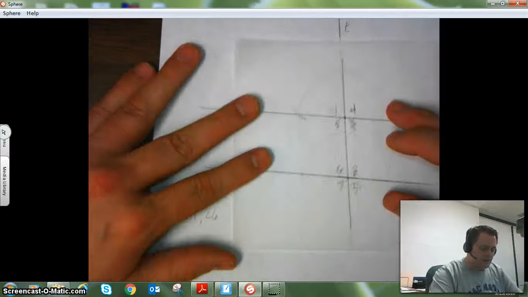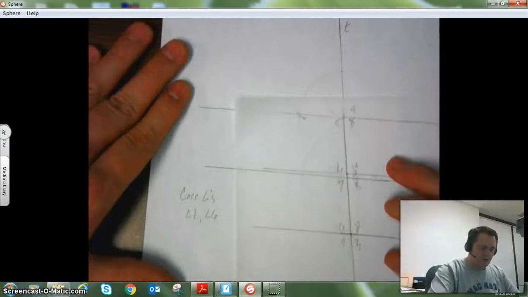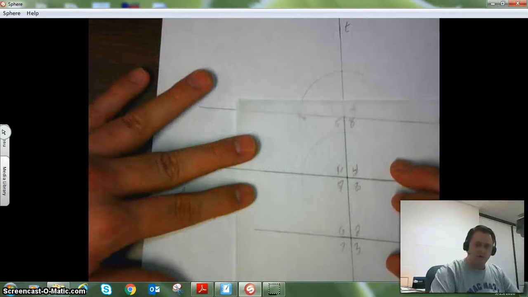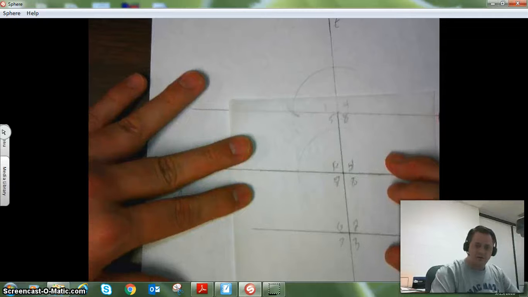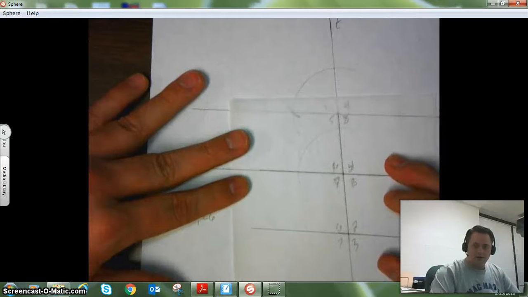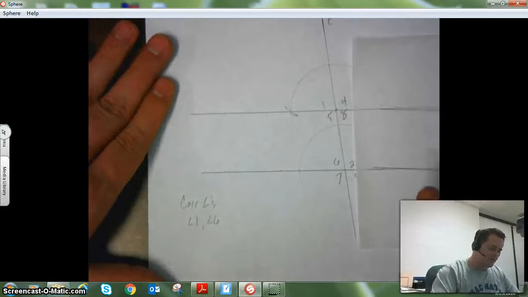So I'm going to take the patty paper and slide it down and compare where angle 1 and angle 6 sit. And you can see, just visually, that angle 1 and angle 6 are the exact same thing. They're congruent to each other.